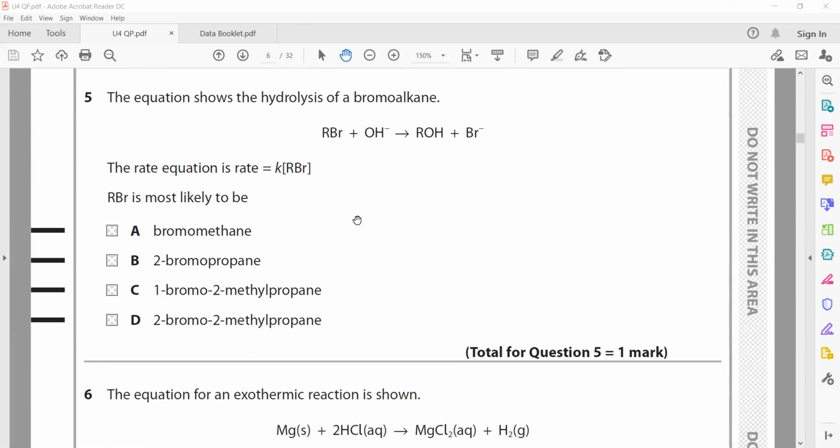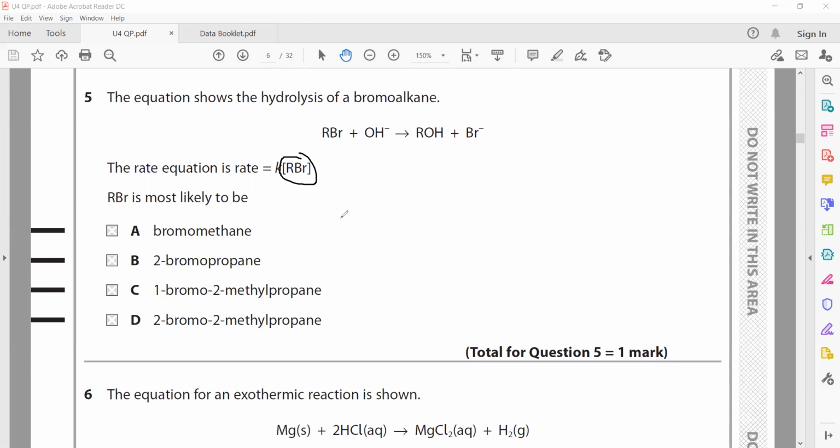In this question, the equation shows a hydrolysis of a bromo alkane. You can see the rate of the reaction only depends on the presence of the halogen alkane. So it means it should be a tertiary halogen alkane. Why should it be tertiary?